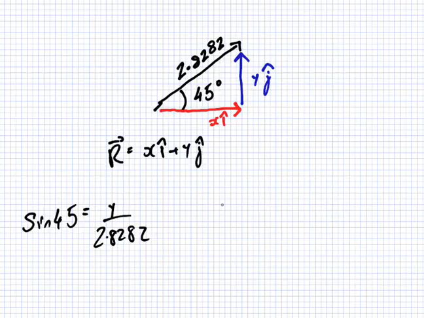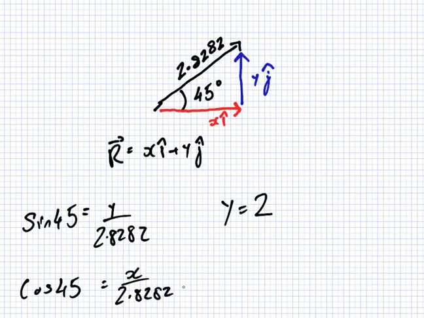Now, when you solve that, you'll get y equals 2. A semester 1 problem. You get cos 45 equals x over 2.8282, and when you solve that, you get x equals 2. So each of these are 2 units long. The base is 2 and the height is 2. This is 2i plus 2j.